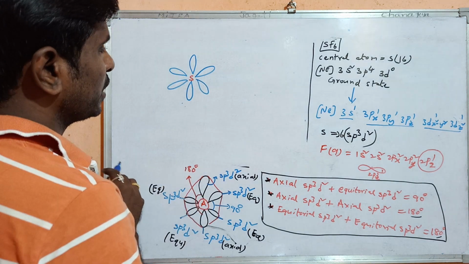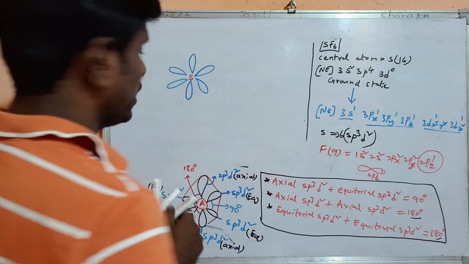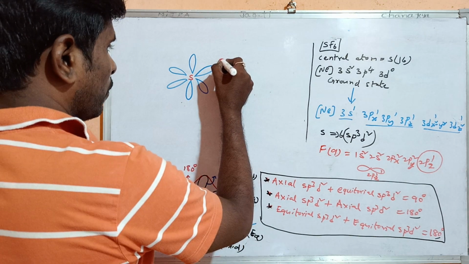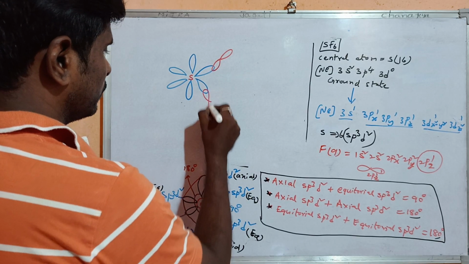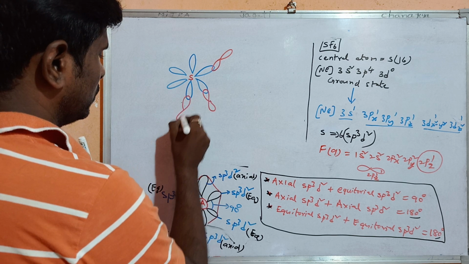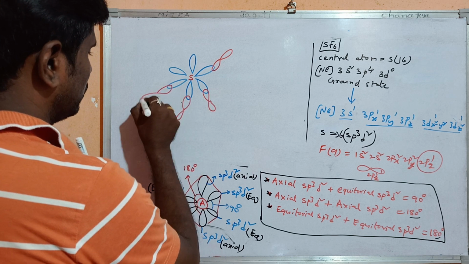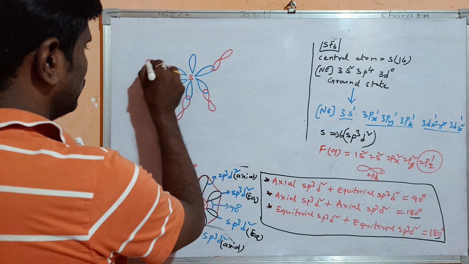These are 6 sp3d2 orbitals, and 6 2pz orbitals are bonded like this.